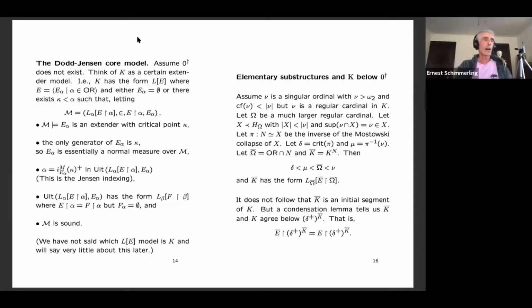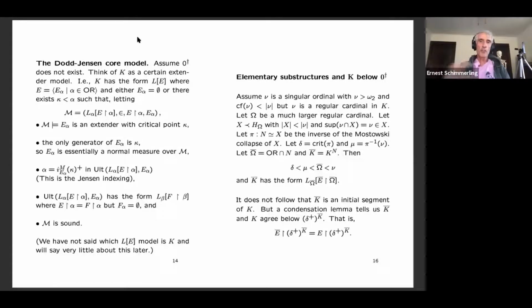Okay, so now I'm going to describe how you take the argument we gave for L and weaken the assumption that zero sharp doesn't exist and get a theorem. We get the Dodd-Jensen theorem for K under the assumption that zero dagger doesn't exist. Okay, so it starts off the same way. Assume nu is a singular ordinal bigger than omega 2. The cofinality of nu is less than the cardinality of nu.